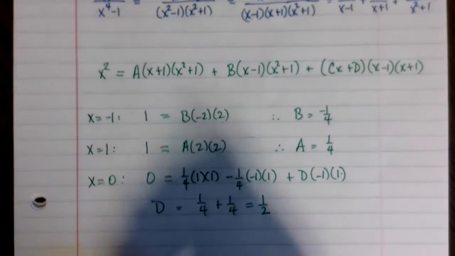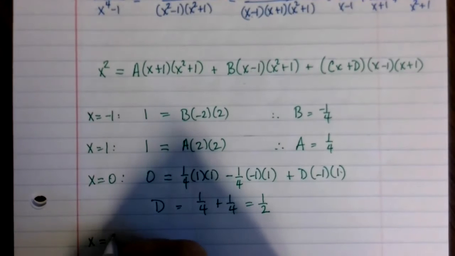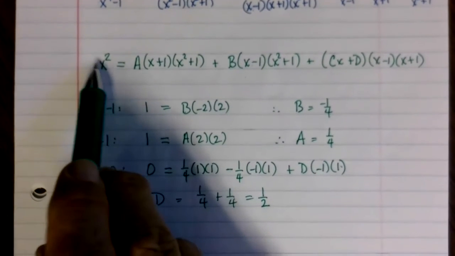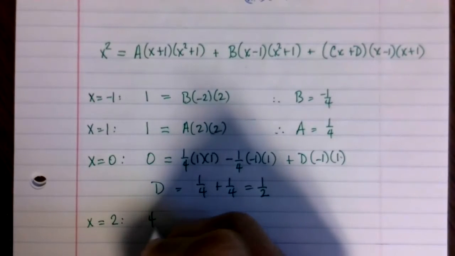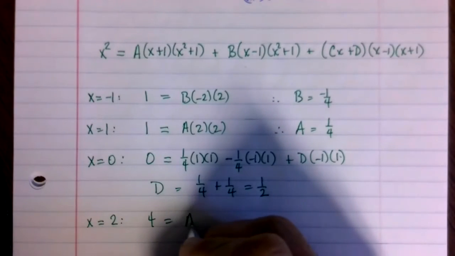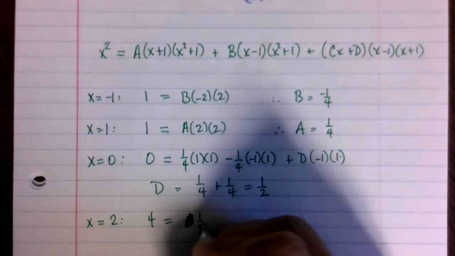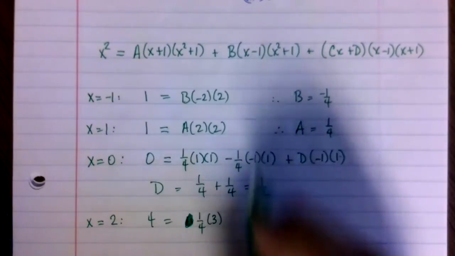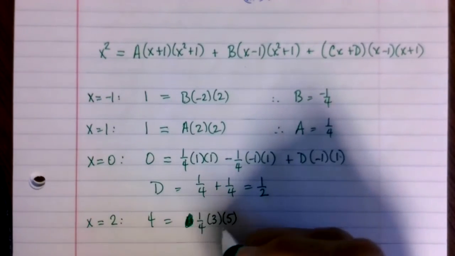All right, and last, we can plug in something else. So let me plug in 2, just to have something that's relatively simple to plug in. Plugging in 2, I would get 4 is equal to A times, well, actually, A is already found to be 1/4. Plug in 2, I get 3. Plug in 2 here, I get 4 plus 1 for 5.